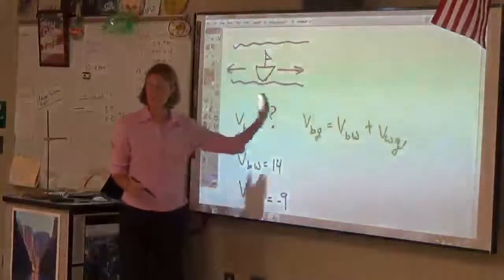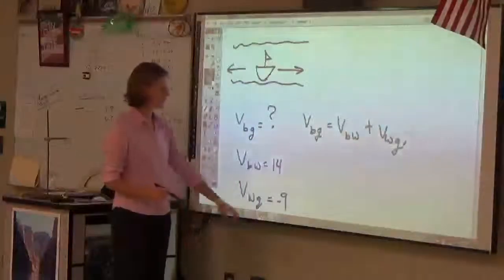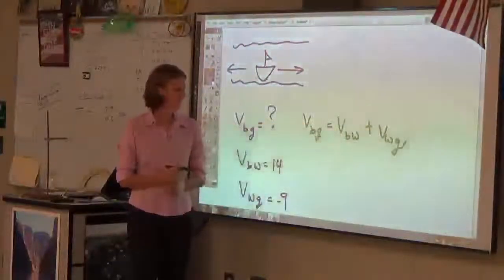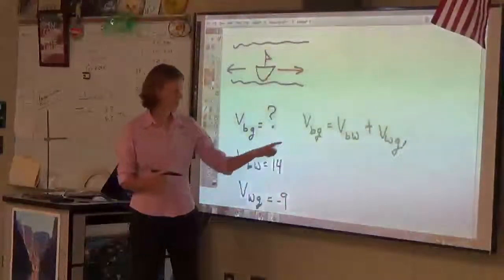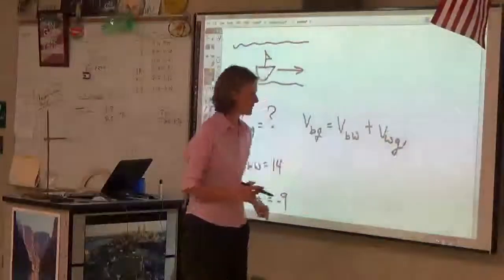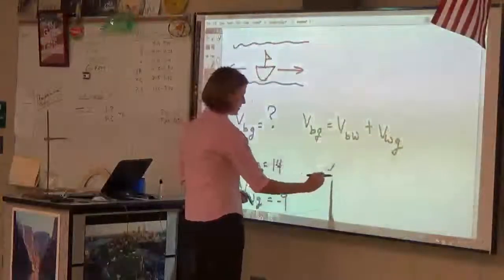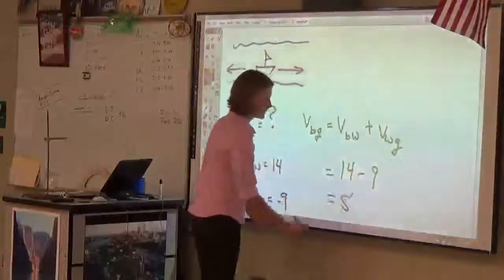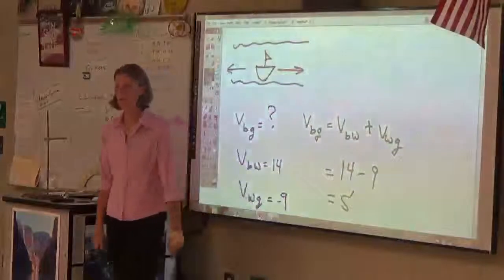This is in one dimension, so this is fine. This is our vector equation: the velocity of the boat with respect to the ground should equal the velocity of the boat with respect to the water plus the velocity of the water with respect to the ground. So our answer should just be 5, which you probably could have figured out a long time ago.